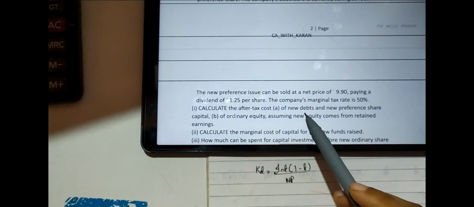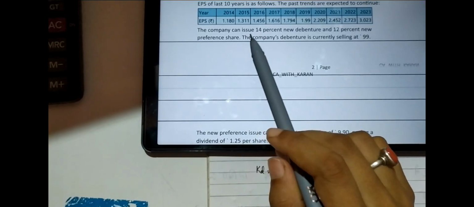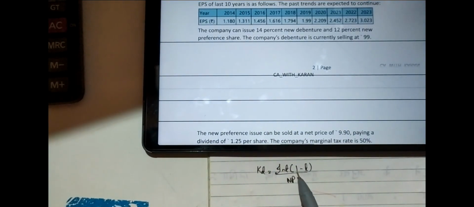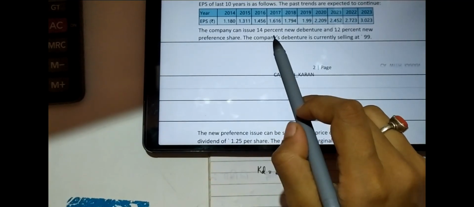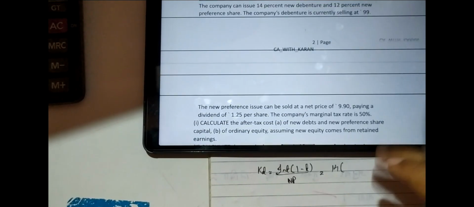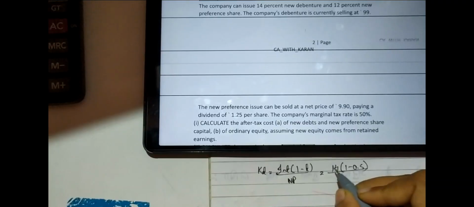Now we have to calculate only KD. For KD, they didn't mention the number of years, so the formula is simple: interest into 1 minus tax upon net proceeds. They have given 14% new debentures, and the tax rate is 50%. So 14 into 1 minus 0.5 upon net proceeds.